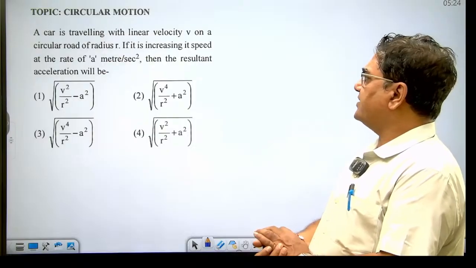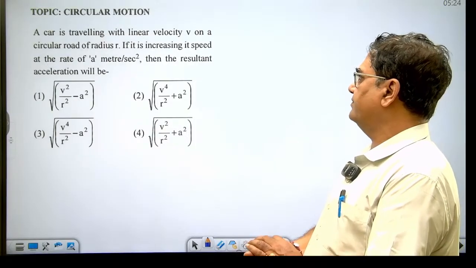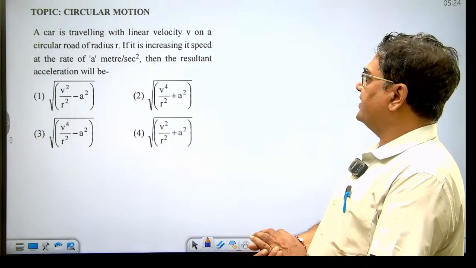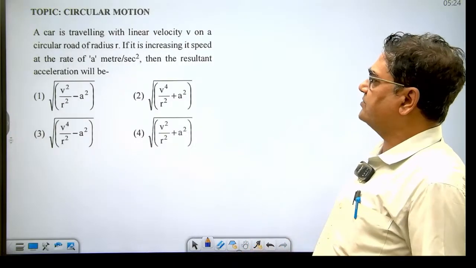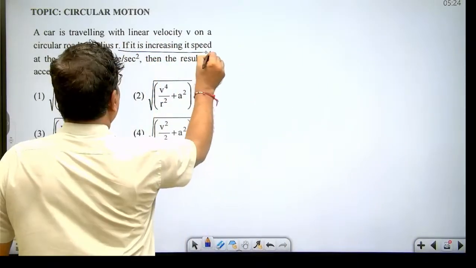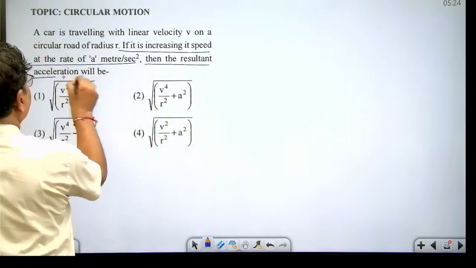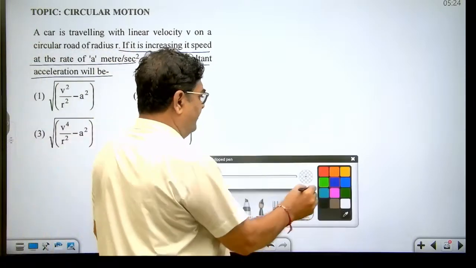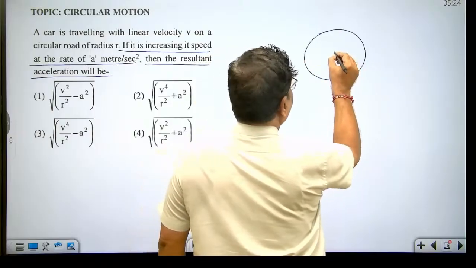A car is traveling with linear velocity v on a circular road of radius r. If it is increasing its speed at the rate of a meter per second square, this is a case of non-uniform circular motion, because here speed is increasing, which means this is tangential acceleration. Then the resultant acceleration, in case of non-uniform circular motion, has two types of acceleration.